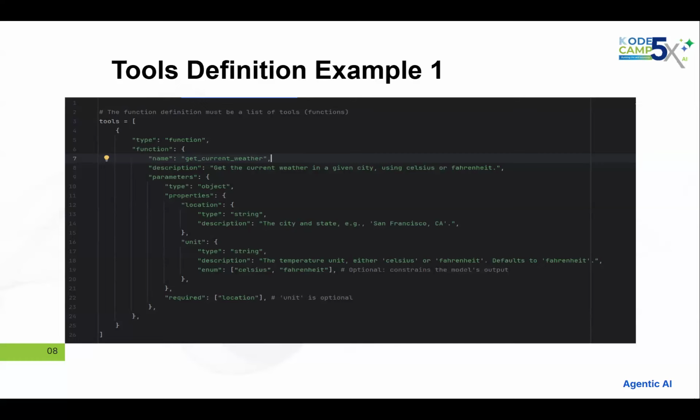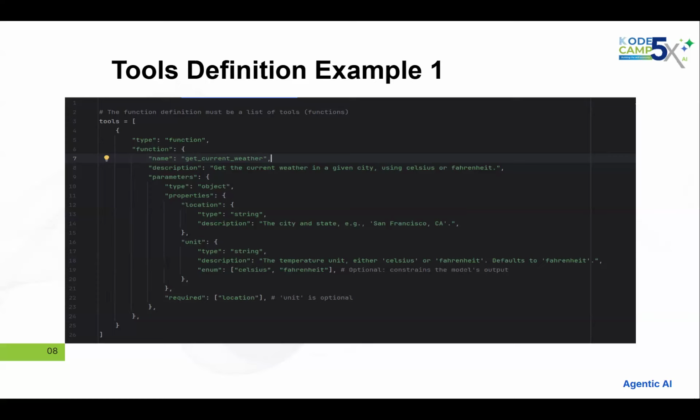And then there's a function key, which is an object that contains the actual details about that function, like the name. In this case, this is get current weather. The description: get the current weather in a given city using Celsius or Fahrenheit.